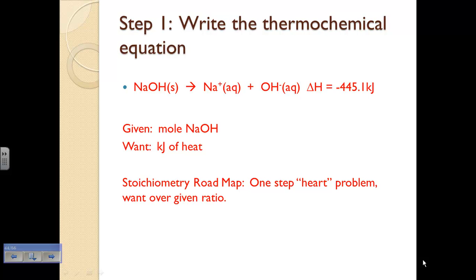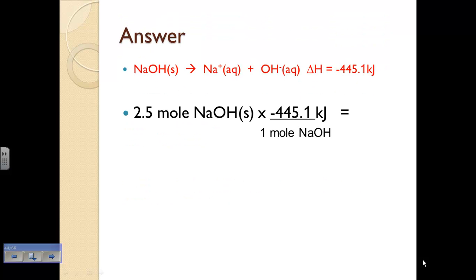Coefficients and kilojoules all belong in the heart of our stoichiometry roadmap. If we're given a mole and we want kJs, it's a one-step problem. In the heart of our stoichiometry, it's a simple want over given ratio. We want to know kJs set over the given moles.